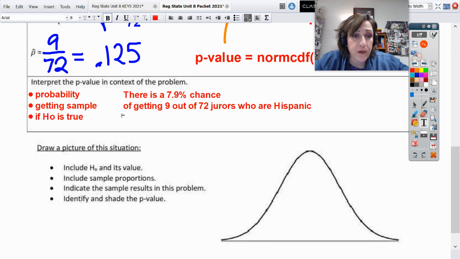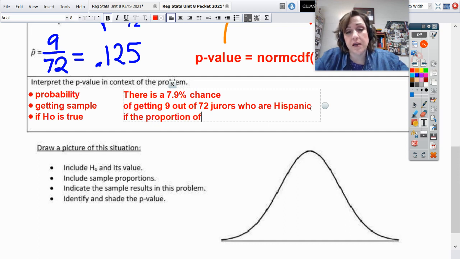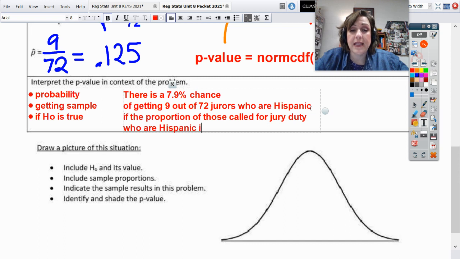Okay, so then that's what I'm going to write there. If the proportion of those called for jury duty who are Hispanic is 19%. That's it.